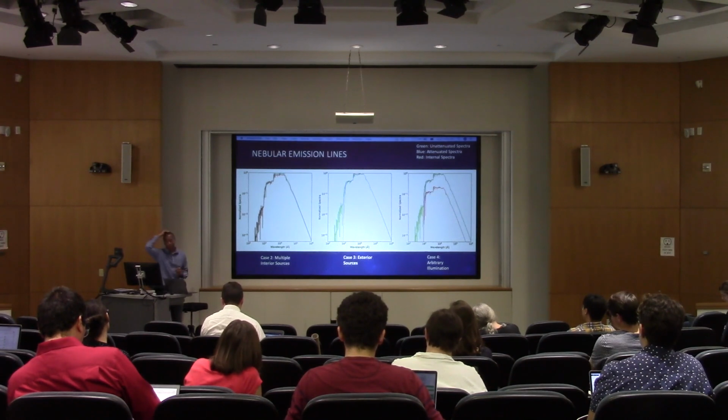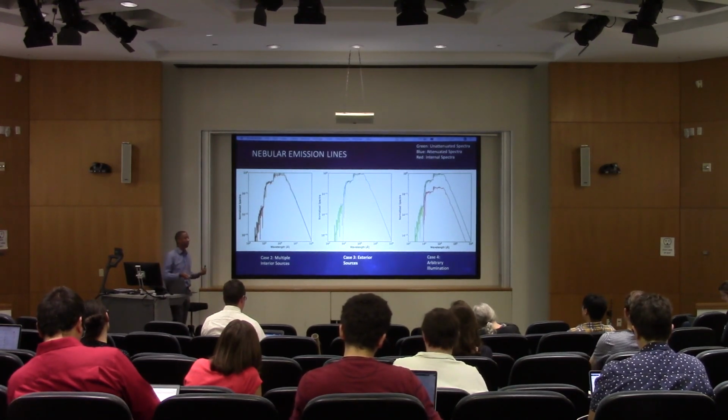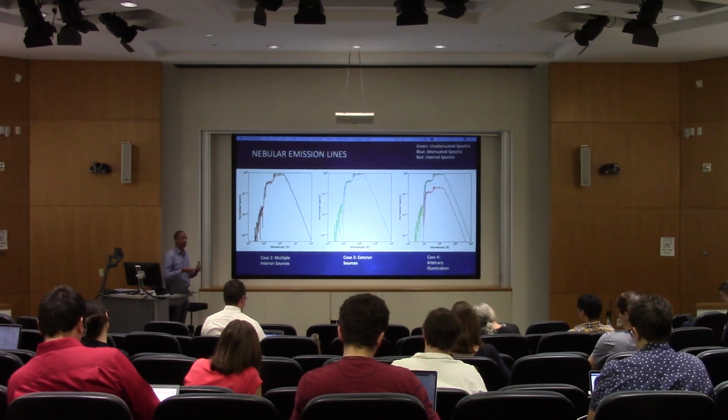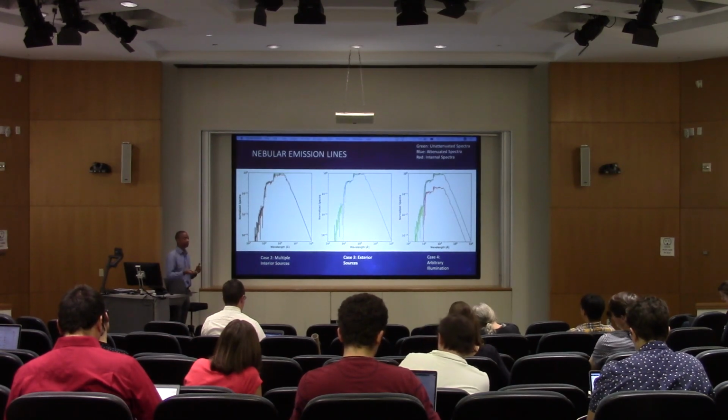So the first thing I did was look at absorption. You create a model for absorption that is dependent on temperature, density, and the photon background, because that tells you what species you have. You look at those case 2, case 3, case 4, and what you see, green is unattenuated, blue is attenuated, and red is the internal spectra.